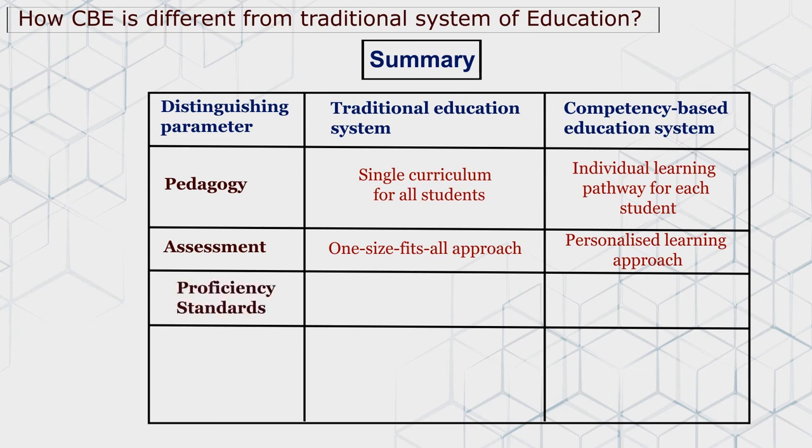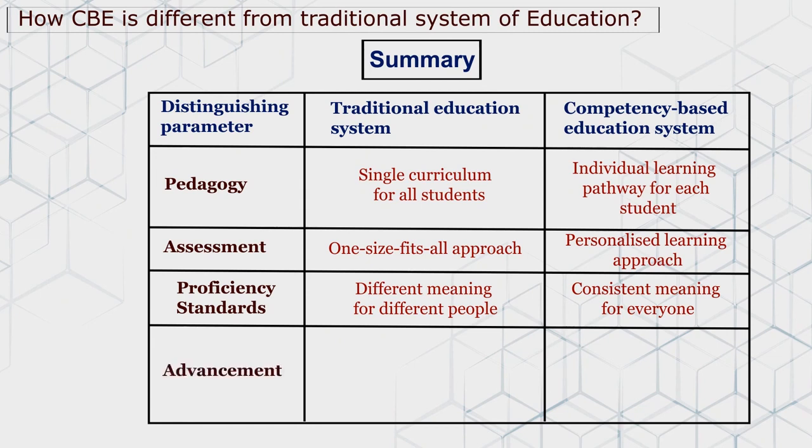The proficiency standards have different meanings for different people in the traditional system, but there is a consistent meaning of proficiency standards for everyone in the competency-based system. Lastly, the advancement in the traditional education system is time-based, whereas in CBE it is learning-based.